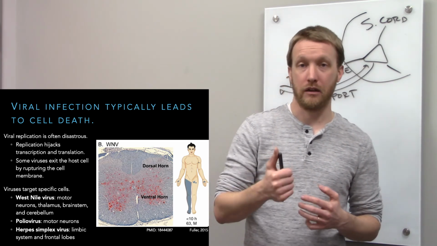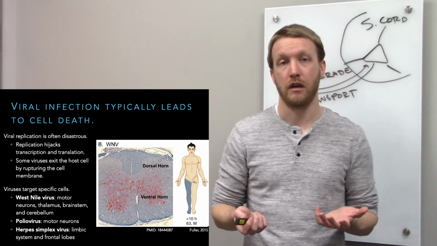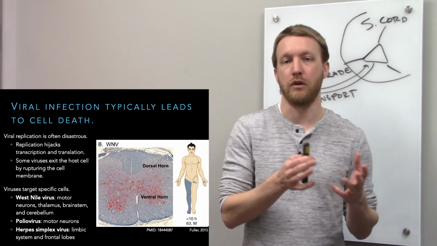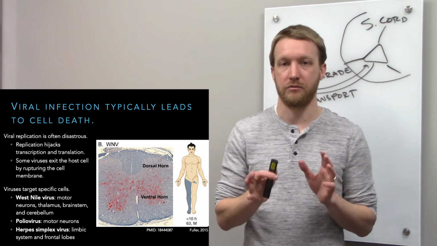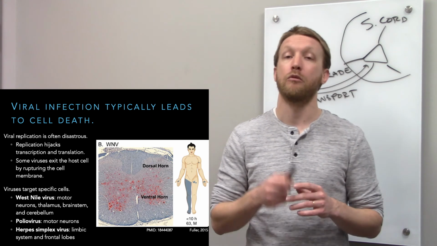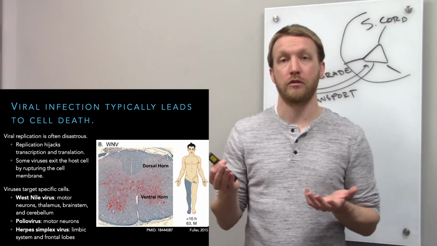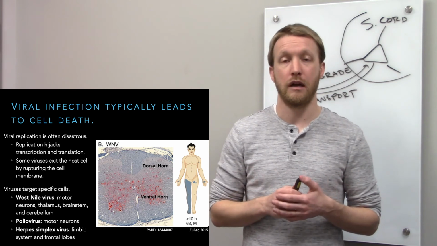For example, West Nile virus or polio virus are both going to target motor neurons. West Nile virus will get a few other types of neurons, so you might have some cognitive changes with West Nile virus infection, but with both West Nile virus and polio virus infection, the destruction of motor neurons can lead to flaccid paralysis.